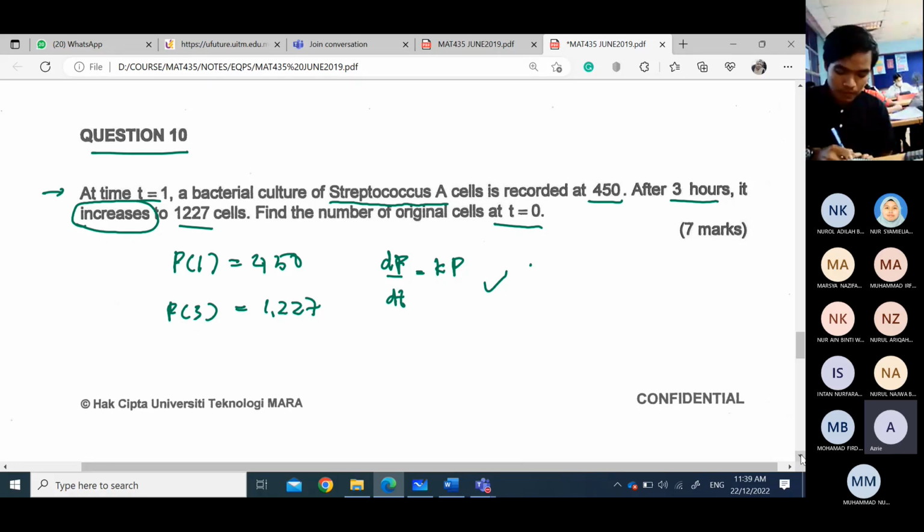So, in exam, ni semua yang kena tunjuk kan? This one is 3 marks. Macam mana you dapat 3 marks? You identify the model and then apply separable equation, separate the variable and integrate. Macam mana kau dapat benda ni pun kena tunjuk. Ni step first. Ni aku dah skip step. Jawapan dia satu, dP/dt sama dengan kP. So this one, 1 point.